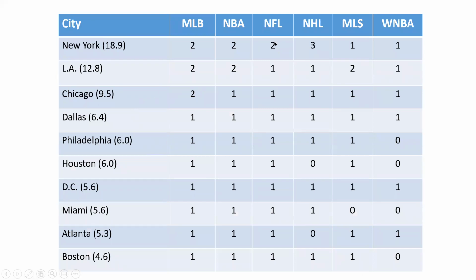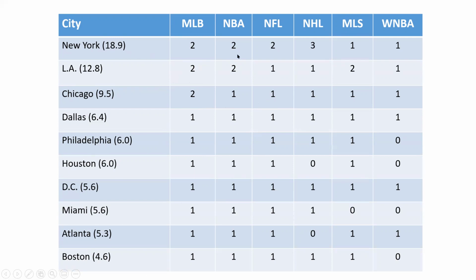So if we look across different leagues, and I didn't update this, although I think there weren't any moves within the top 10 cities, you can see I organized them by metro population. They might have slightly different orderings, but our largest markets are in terms of population. I think this is 18.9 million.